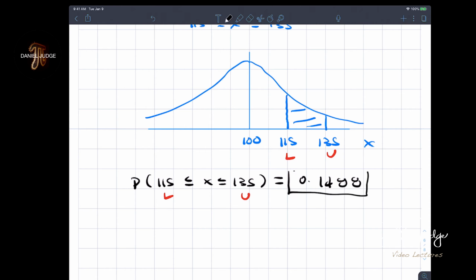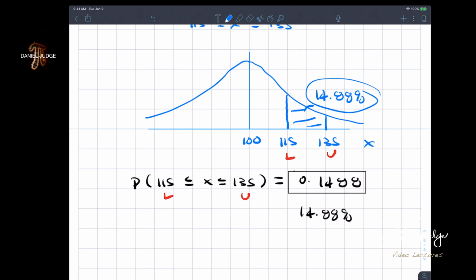Of course, as a percent, that's 14.88%. They're saying 14.88% of the bell is shaded right in here. That means 14.88% of people have an IQ that's between 115 and 135. Okay, thank you, Catherine.